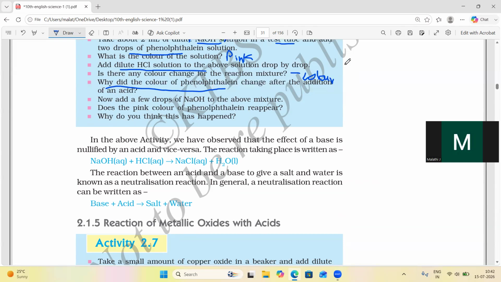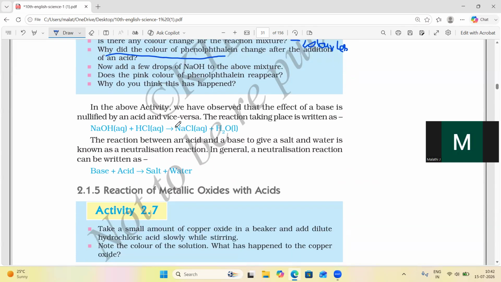Because when we took the base and added acid, it neutralizes the reaction. So the base is nullified by the acid. First we took NaOH, added phenolphthalein indicator, and it turned pink. When you add acid to this solution, you get sodium chloride and H2O as a liquid.